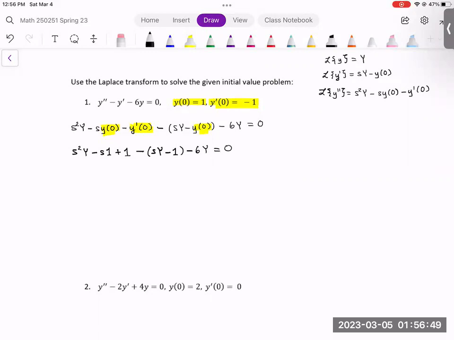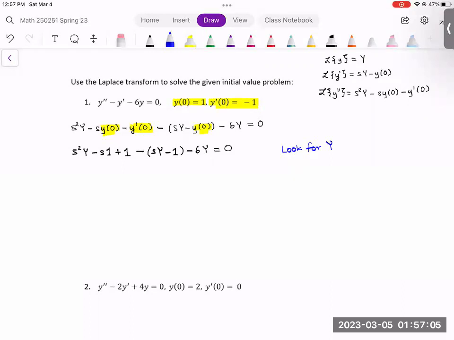So I'm trying to solve for capital Y, and then take the inverse Laplace transform of both sides.